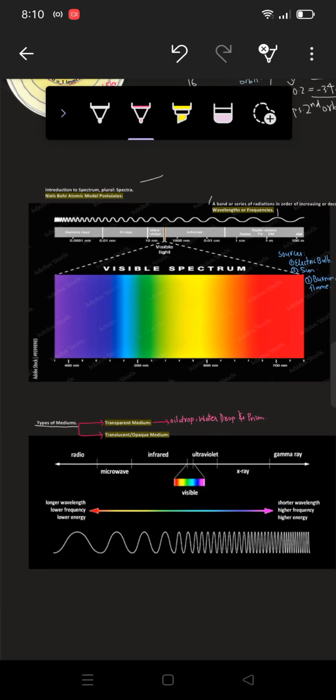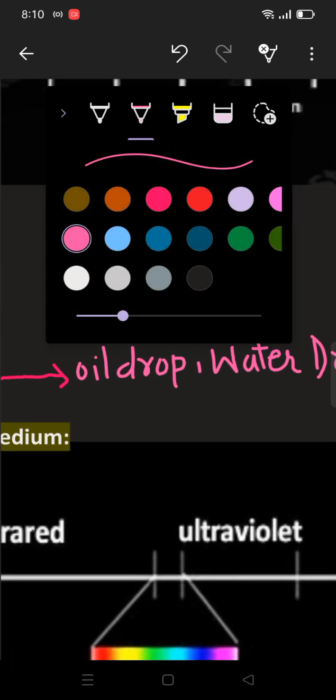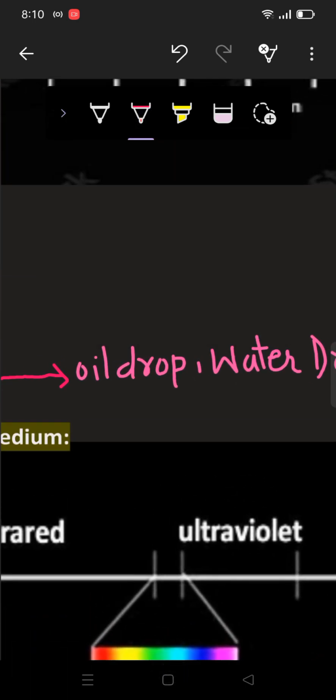However, translucent or opaque medium, which does not allow light to pass through it, or allows only a bit, includes atom or element, and it can include molecule as well. So let me write these two here.